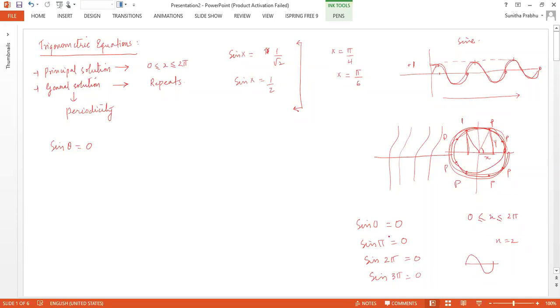Okay. Then you say, okay, first time around I know this. Sine 0, it is 0. Sine pi and sine 2 pi. Then I am seeing that every time it keeps adding 180, 180, 180, I am getting 0 only. Okay. So if I want to write this in a generic form, because now I am talking about a generic way of expressing the solution, this is called the general solution.